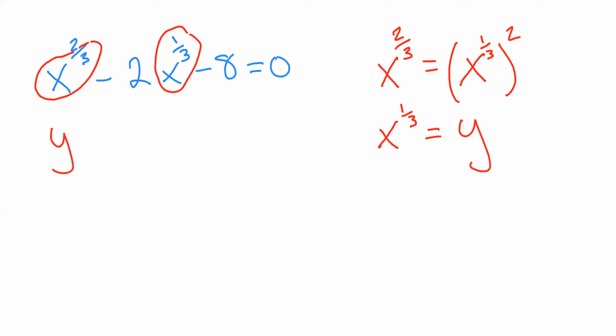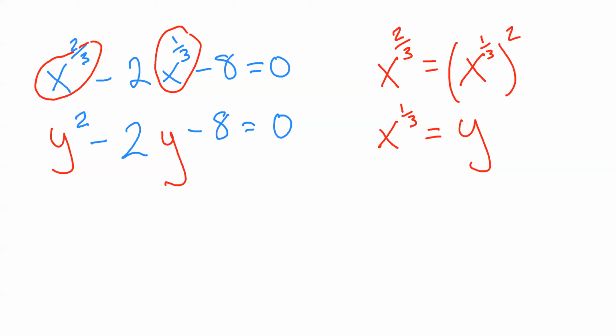And then x to the 2/3 is really just our y squared. So this first term becomes y squared. Our second term becomes minus 2y. And our constant term and everything else is the same. Again, we've got a quadratic here that we can solve. We just need 2 numbers.